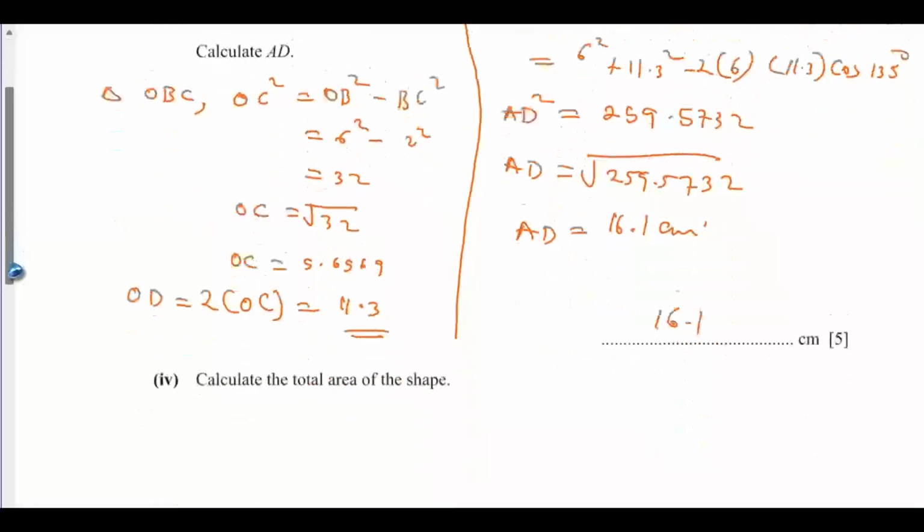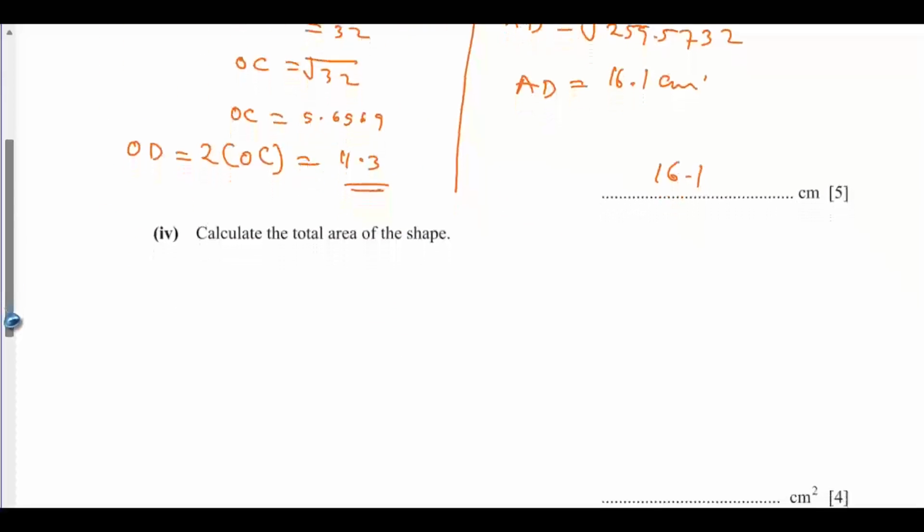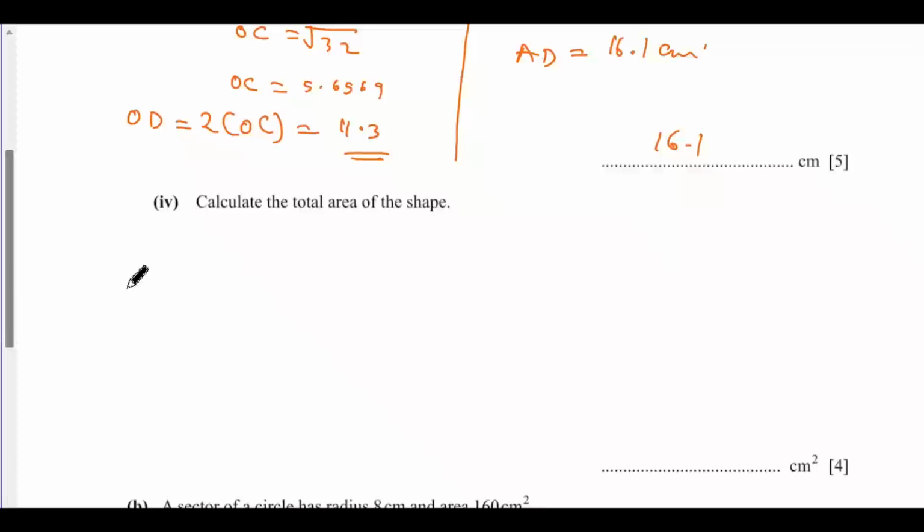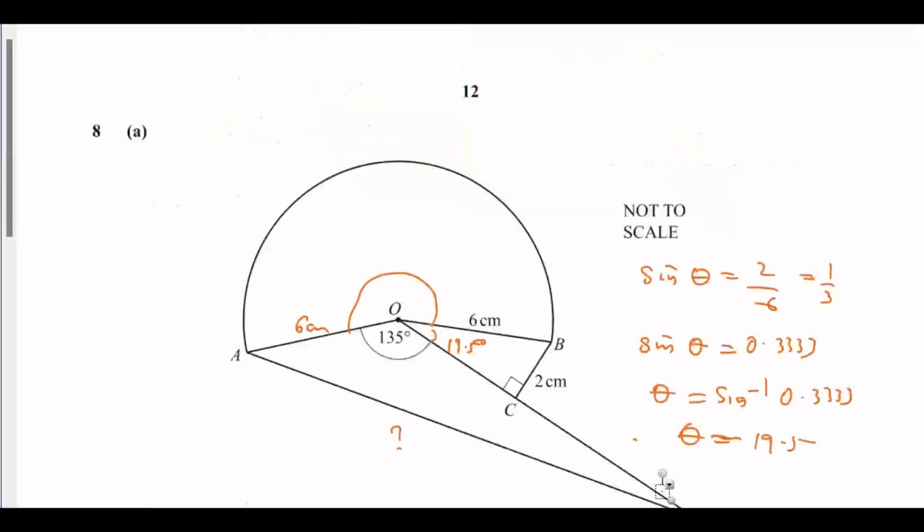Then let's go to Roman figure 4. Calculate the total area of the shape. So the total area of the shape will be the area of this major sector plus the area of triangles OBC and AOD.